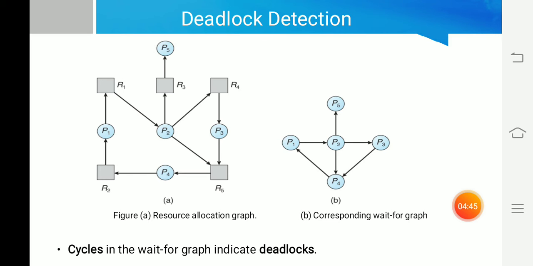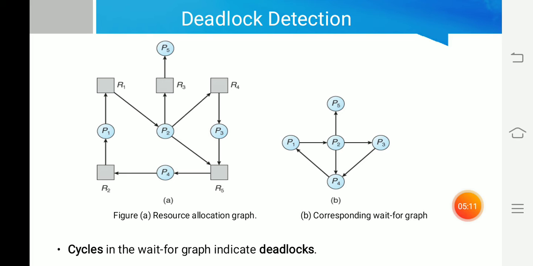Now, this wait-for graph is used to detect whether deadlock has happened or not. In the wait-for graph, if there is a cycle, then deadlock has happened. If there is no cycle, no deadlock has happened. You can see that there is a cycle from P1 to P2, P3, P4, and then reaching P1 again.